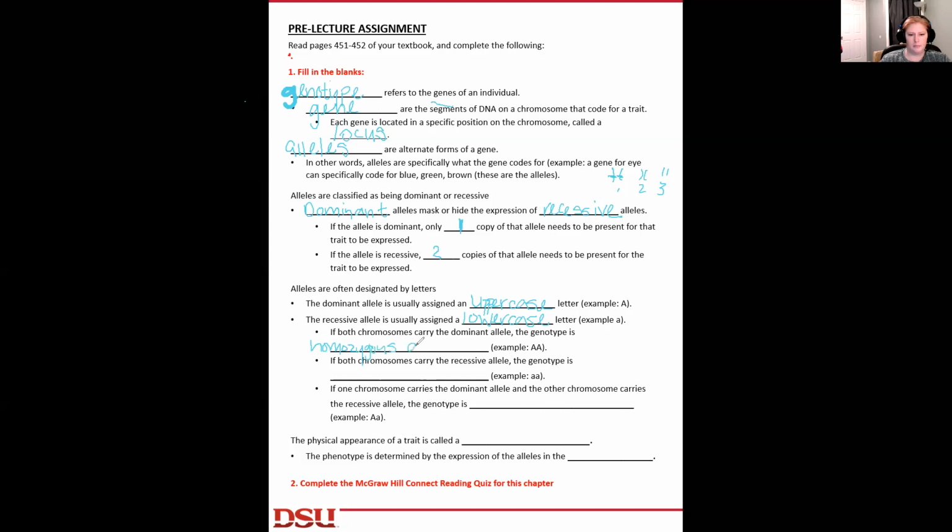Homo meaning same. Okay, so here's our two capital letters, two uppercase letters, showing that this person has two copies of the dominant allele. So they are homozygous dominant. If both chromosomes carry the recessive allele, well, they're going to be homozygous recessive.